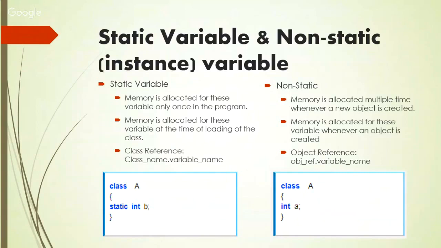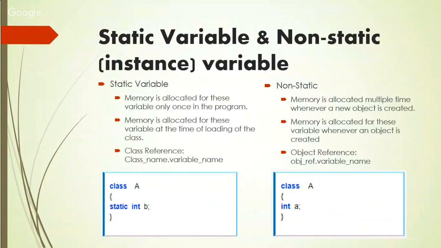Memory is allocated for this variable at the time of loading of the class. A static variable can be accessed with the class reference, this is the class name dot variable name. And that is the example: class A, static int B.